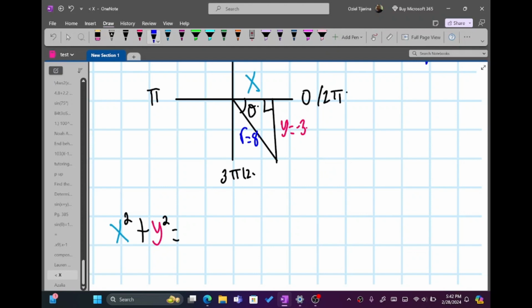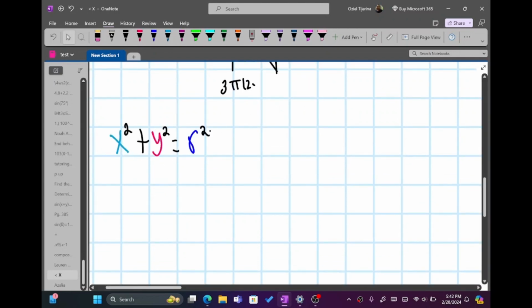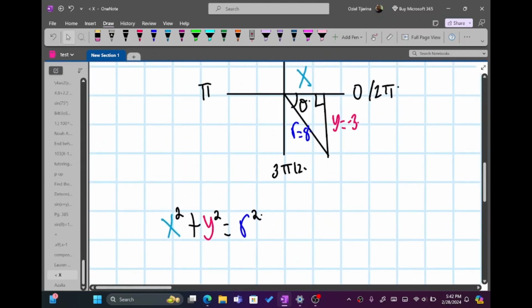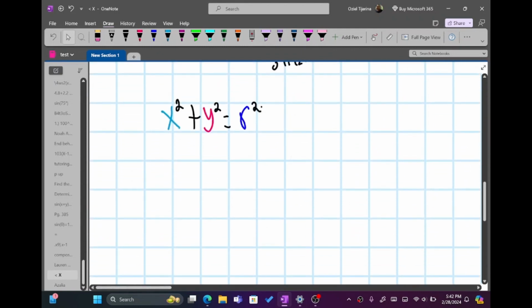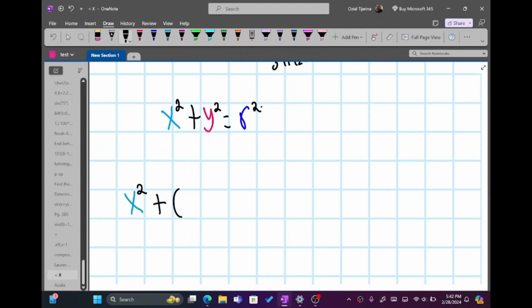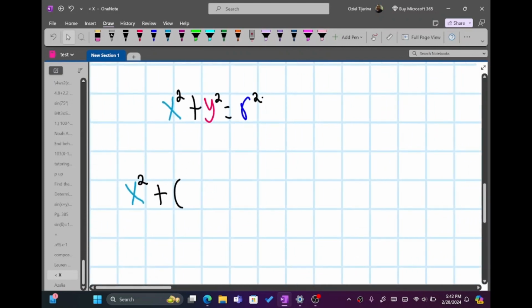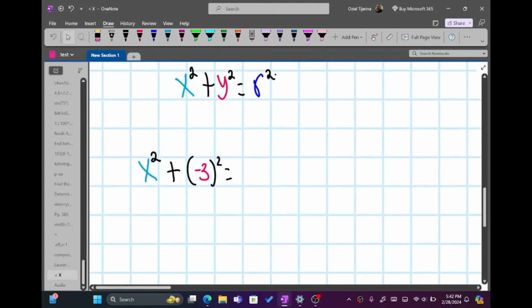So then this is going to be x squared plus the quantity negative 3 squared is equal to 8 squared.